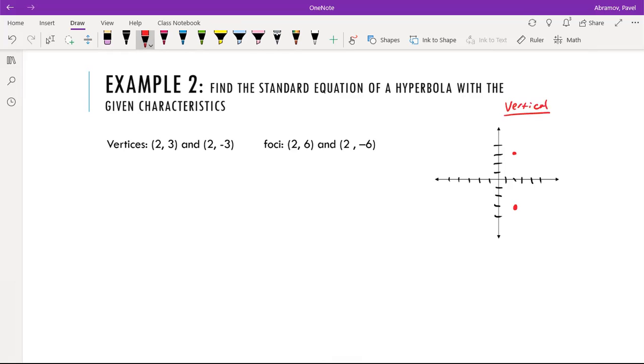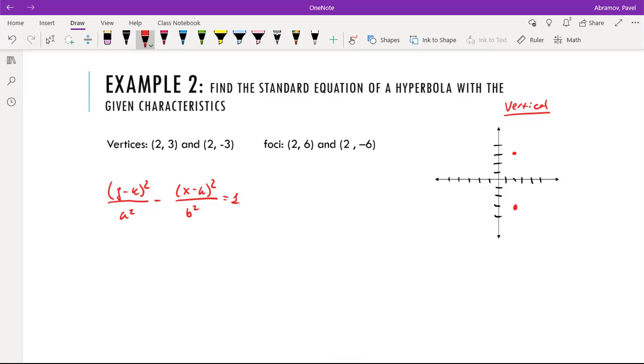Knowing that this is vertical, we know that our equation will be in the form (y minus k) squared over a squared minus (x minus h) squared over b squared equals 1. Now once we know this, this is very helpful.